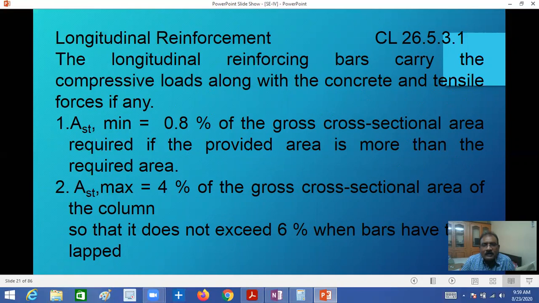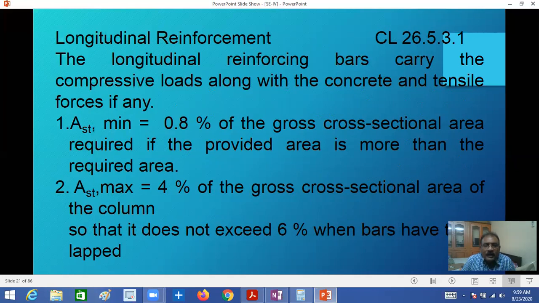And these are very important rules and guidelines given by IS 456, clause number 26.5.3.1. The longitudinal reinforcement bars carry the compressive loads along with concrete, and tensile forces.